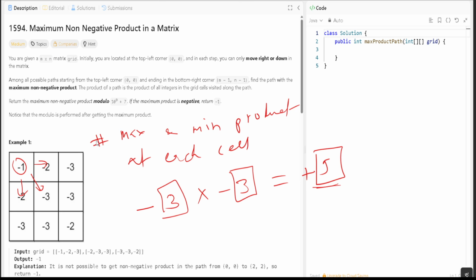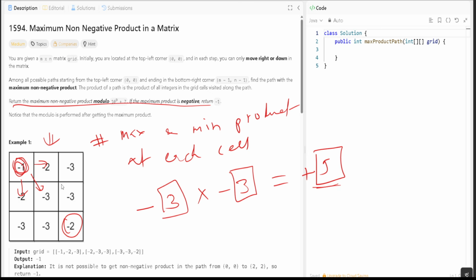Now think about what our goal is here. We are given the grid, and we have to travel from the (0, 0) cell, the top left corner, to the bottom right corner.